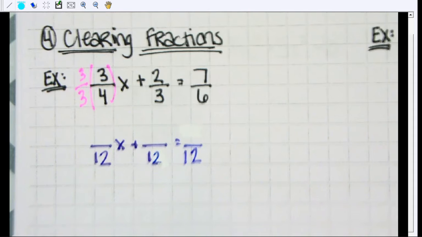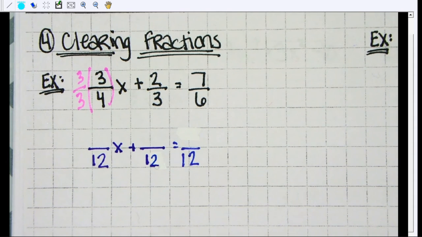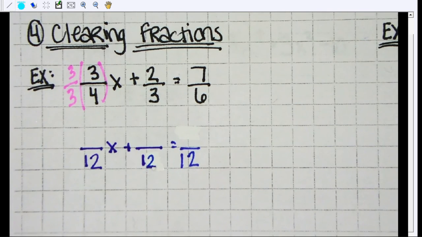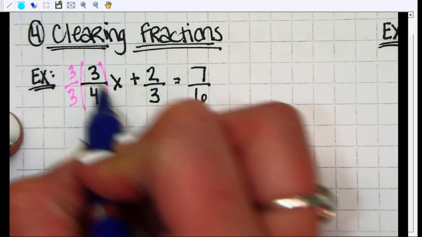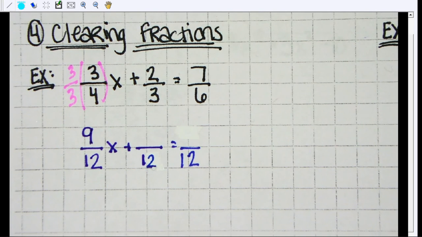Remember, all you're doing by multiplying by 3 over 3 is just changing how the fraction looks. You're basically unsimplifying. That's all. So I've got my 12. 3 times 3 is 9. 9 over 12 obviously can be simplified to 3/4. So we're just unsimplifying.